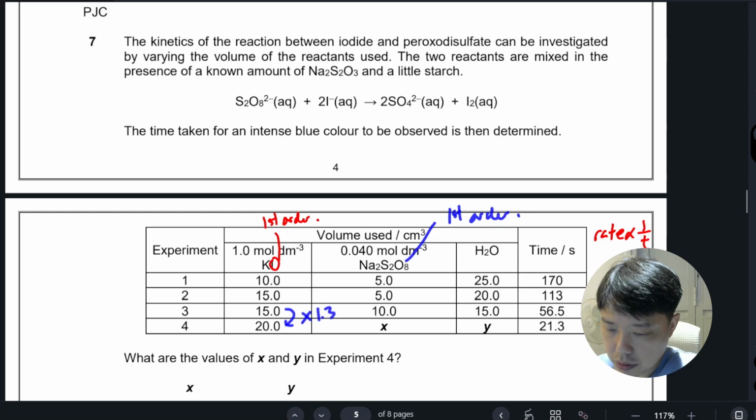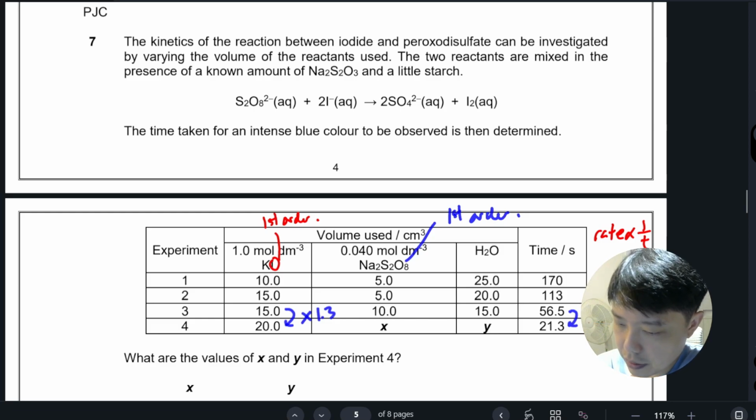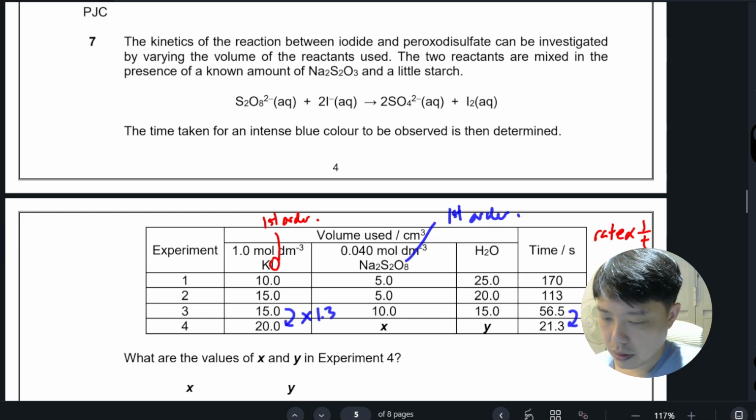And then we are told the time taken, okay, let me calculate what the time taken is. Okay, so the rate, right, actually increased by about 2.65 times. So it basically means that the volume of S2O8 2 minus also increased correspondingly by about 1.3.